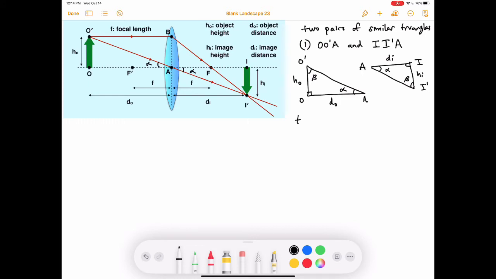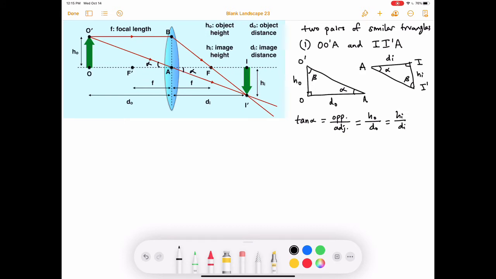So here's what we can do to relate the two triangles. Tangent of alpha. Of course, that's the opposite over the adjacent side, but it's the same angle on both triangles, so we can apply this to the first triangle, which gives us, okay, the opposite side to alpha is HO, the adjacent side is DO, using the first triangle. Using the second one, the opposite side is HI, and then the adjacent side is DI.